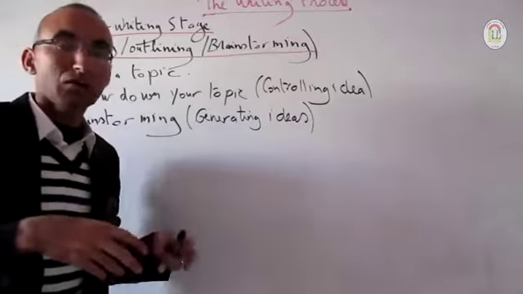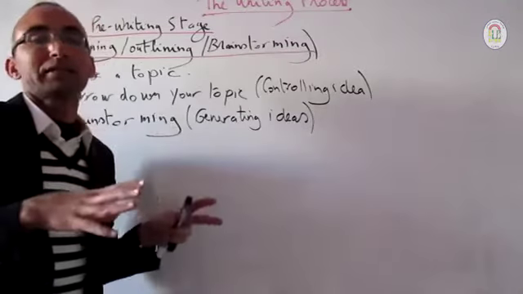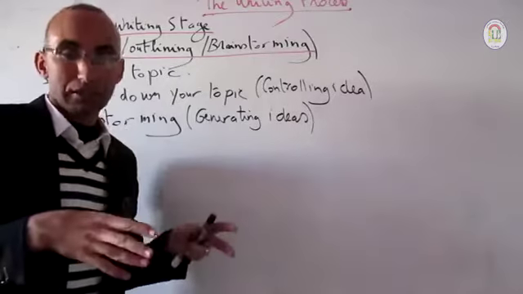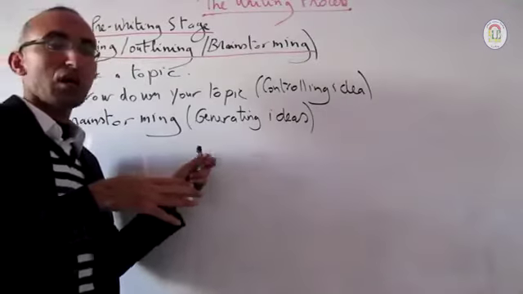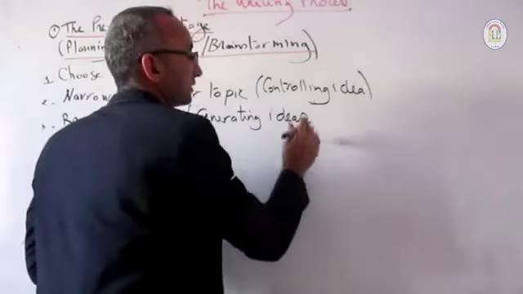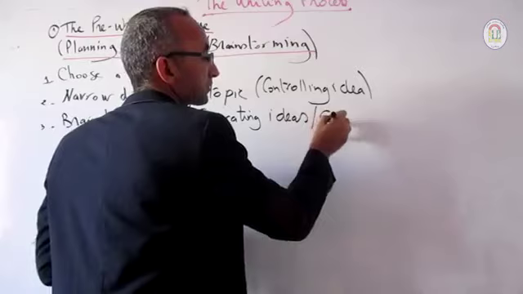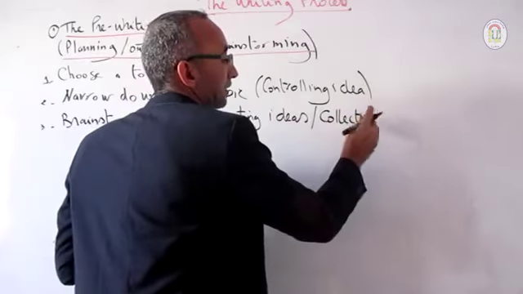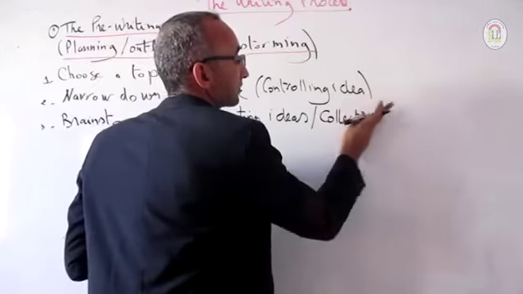Just write down all that comes to your mind as ideas, whether they are relevant or irrelevant. Here we are only in the stage of collecting ideas, generating ideas, or also collecting ideas.